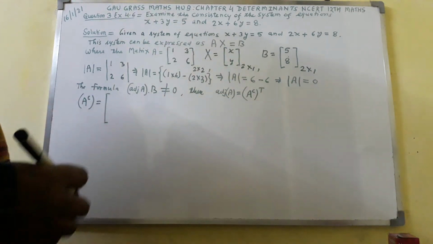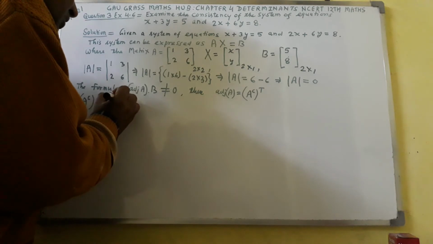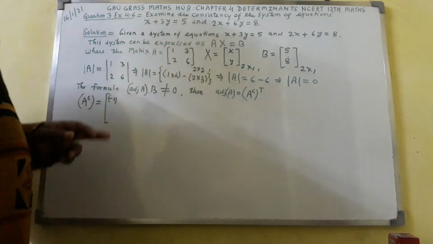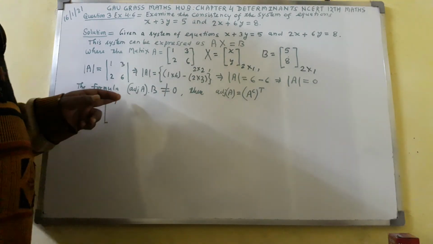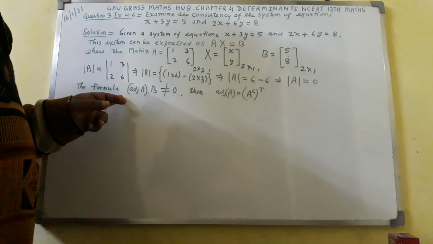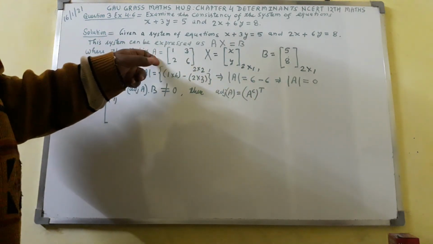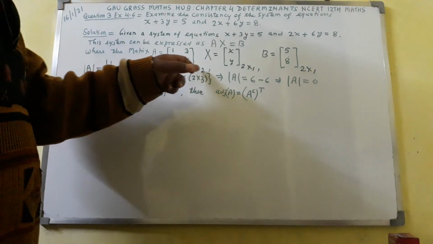Elements of first row I am going to write here. Here write -1 raised to power. -1 here is constant. Raised to the power row position. This is the matrix A. Matrix A is of order 2 cross 2.